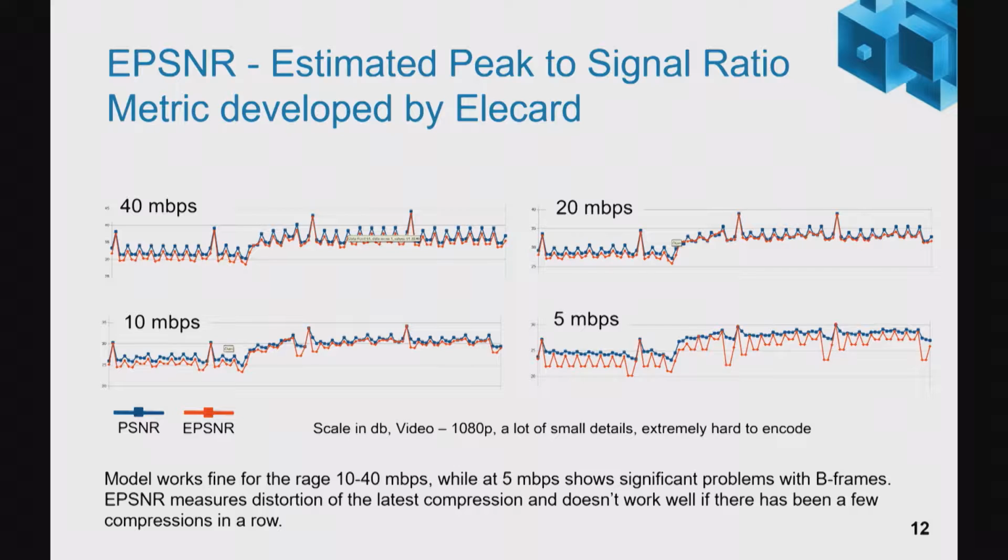P frames are more or less good, but for B frames you may see a large difference between real PSNR and estimated PSNR. This is because those B frames have a lot of zero coefficients, and for zero coefficients it's not a white noise distribution.